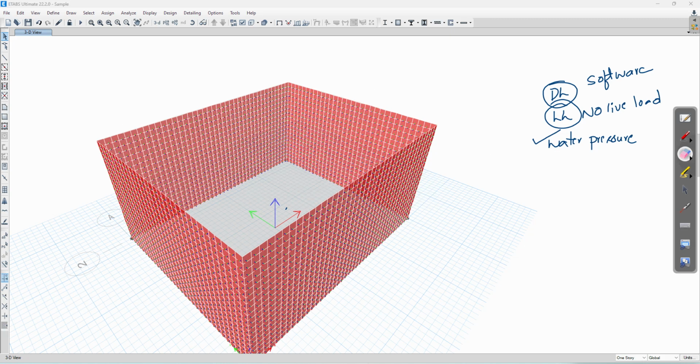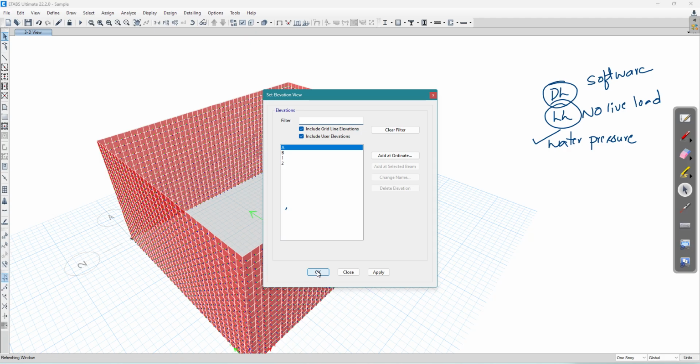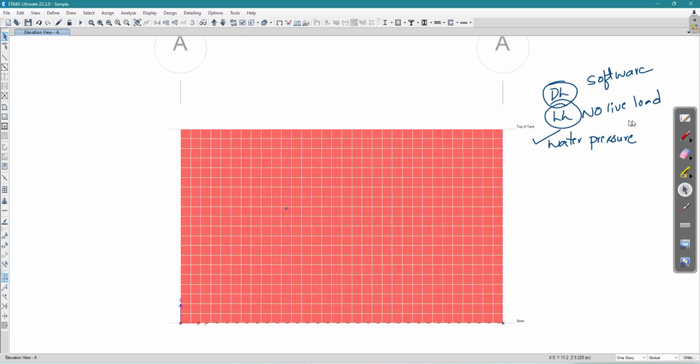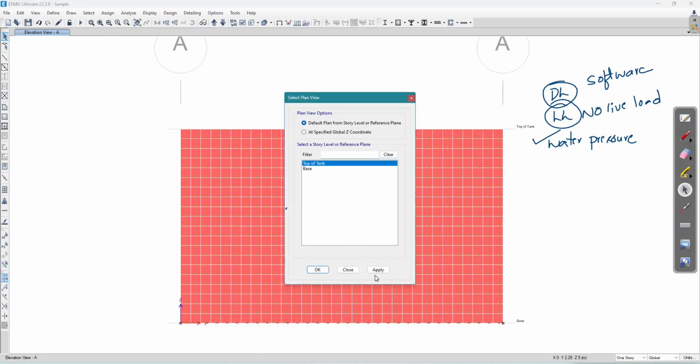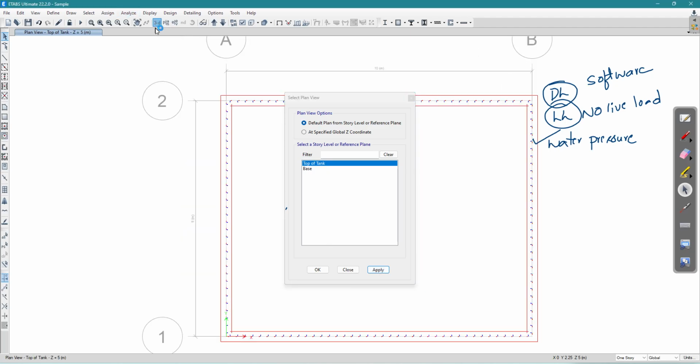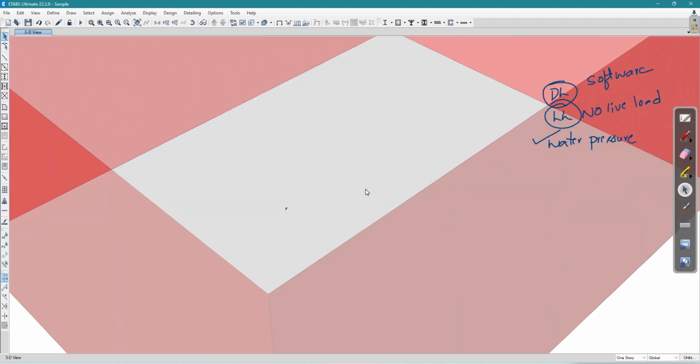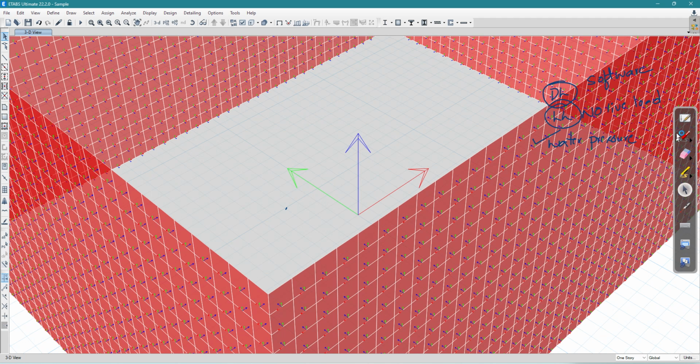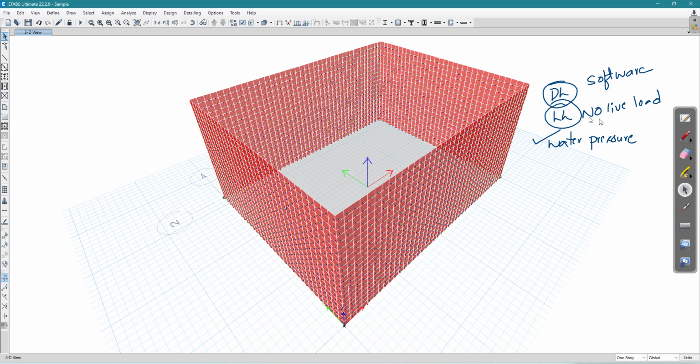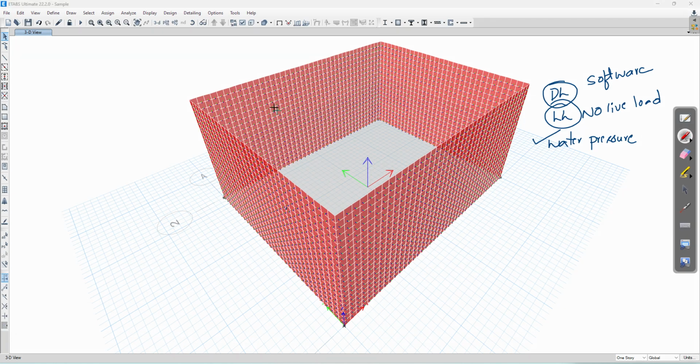So I will go to first elevation. See here, this is your tank. If you see here, from inside it is completely filled with water.